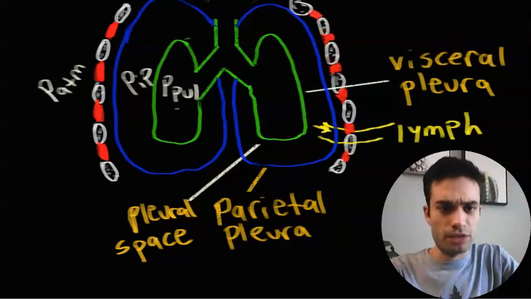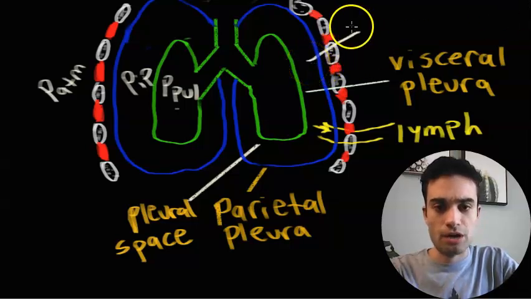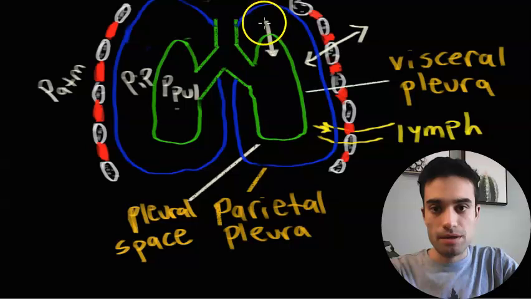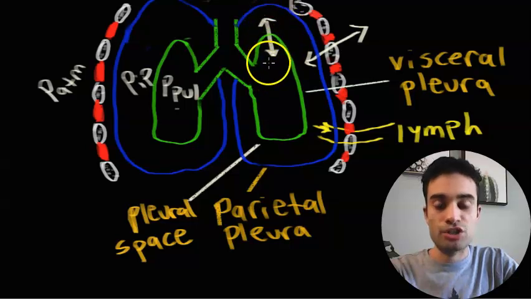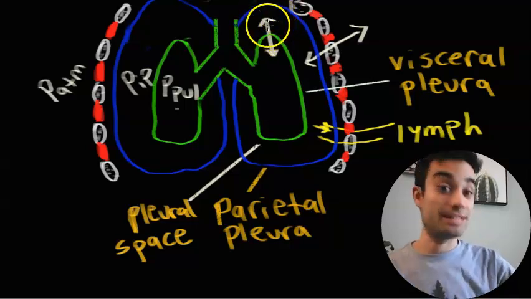Now, another important thing to understand is we can also discuss the pressures across components. We can also discuss the pressures across the lungs and the pleural space.